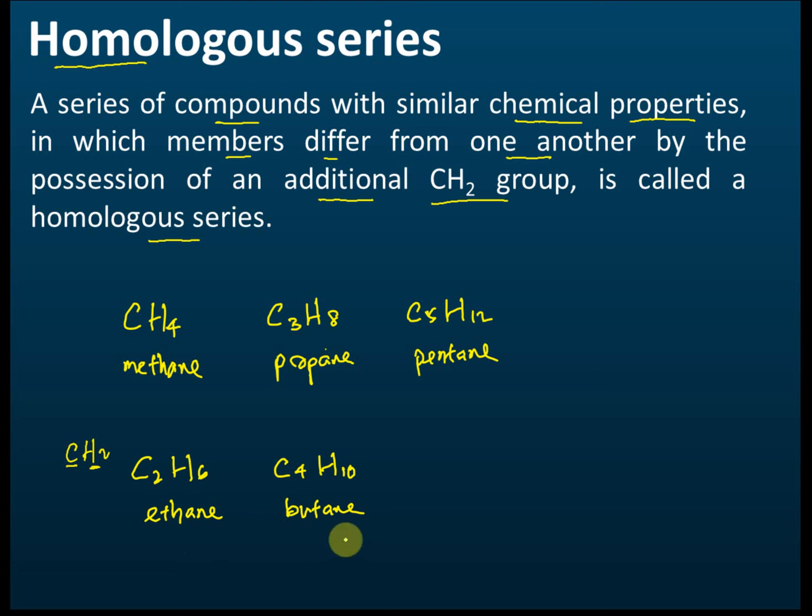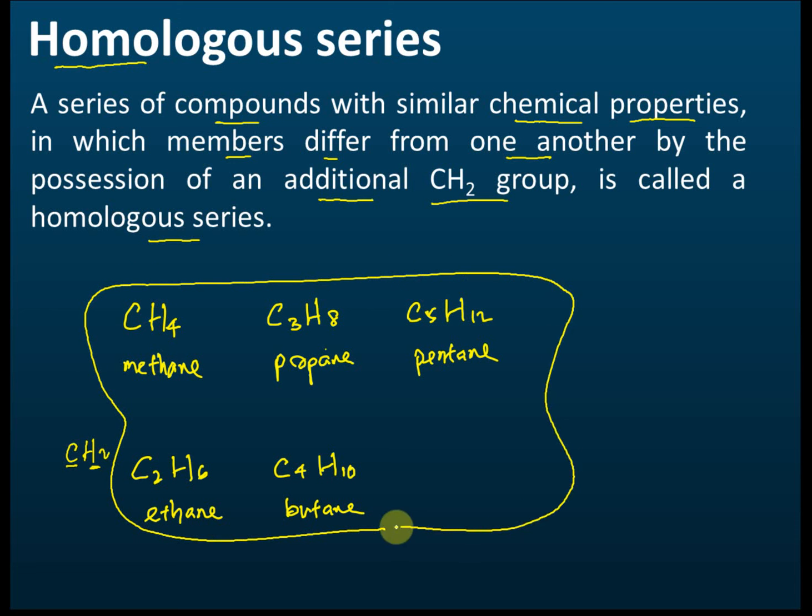For these carbon compounds that have similar chemical properties, where the difference between one another is 1 carbon and 2 hydrogens, we group them together. Actually, we have a lot more. Here I only show 5, but we have 6, 7, 8, and many more. We group them together and call it a homologous series.